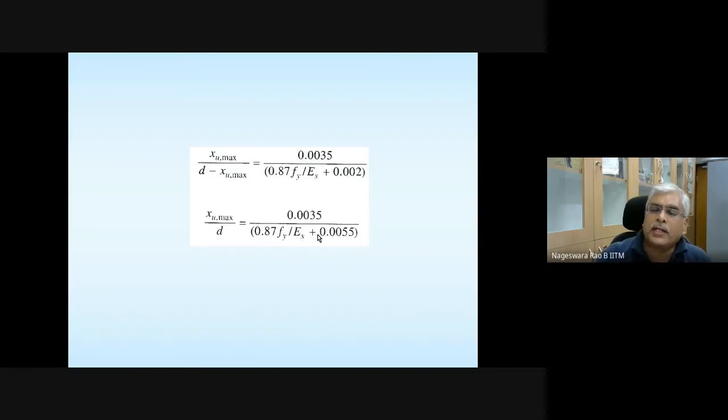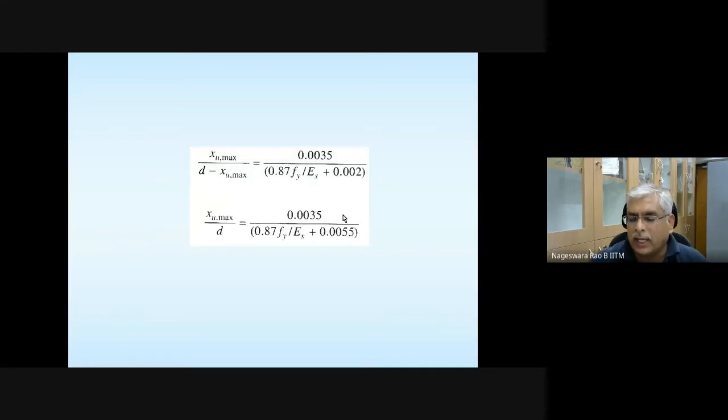The strain in the extreme fiber in concrete under bending compression is limited to 0.0035, as well as maximum strain in tension reinforcement is equated to this value. It shall not be less than this value as per the code. We are equating it. That's why we got this for a limiting case, which is for a balanced section.